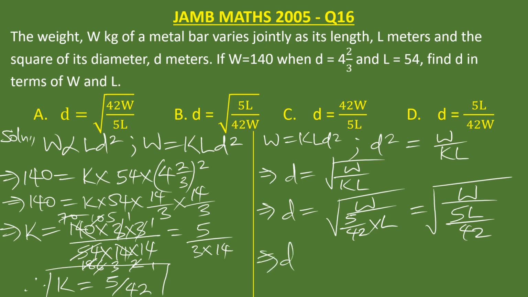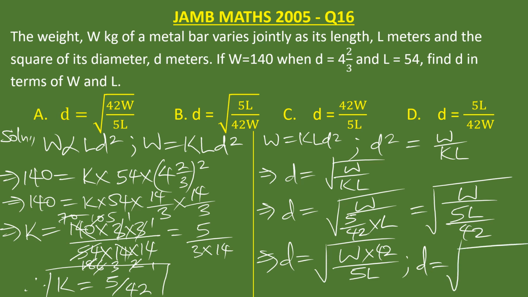Now this simply means that D is equal to square root of W times 42 over 5L, which makes our D finally to be square root of 42W over 5L. Do we have that in the options? Let's check. Okay, option A is the correct answer.